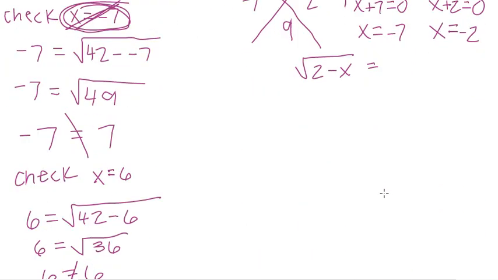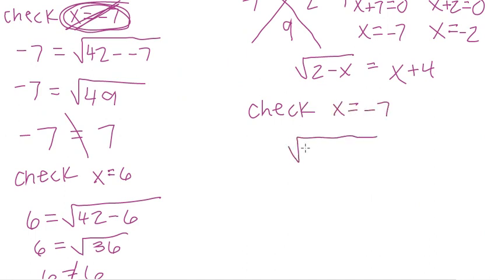All right. So again, I've got to check my solutions here. So I'm going to check x equals negative 7. So that would be that the square root of 2 minus negative 7 is equal to negative 7 plus 4.